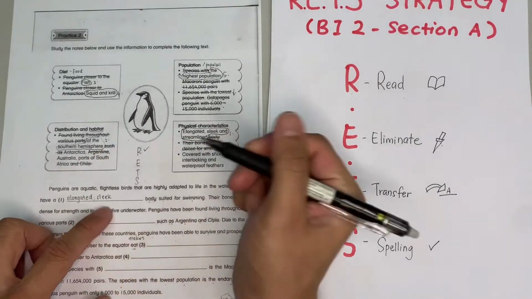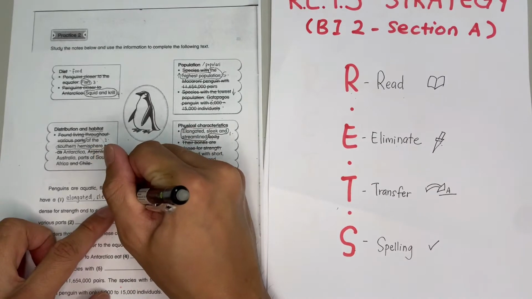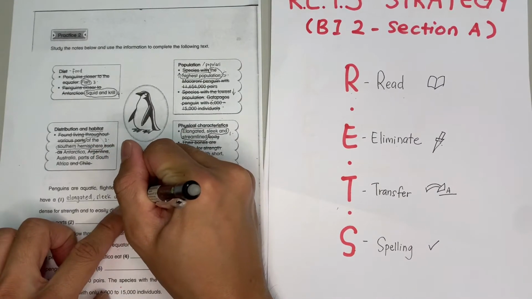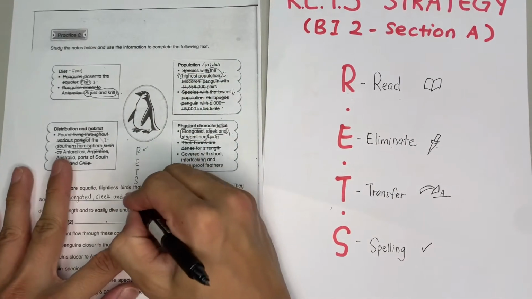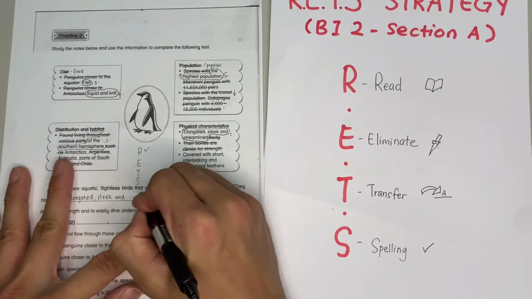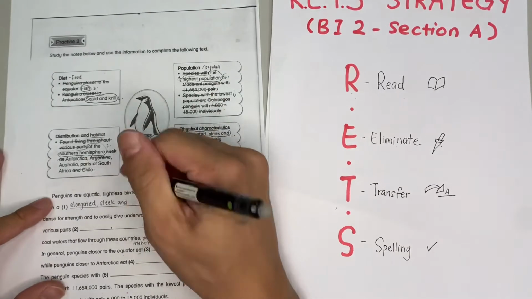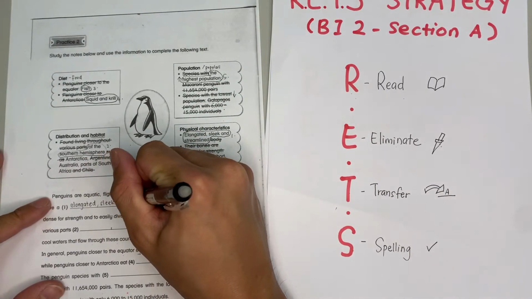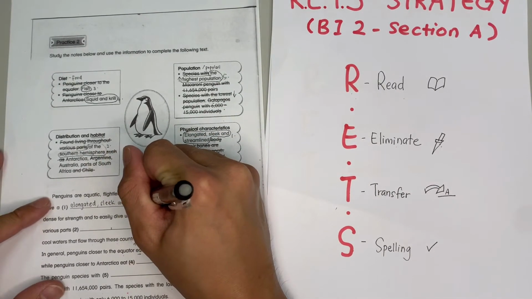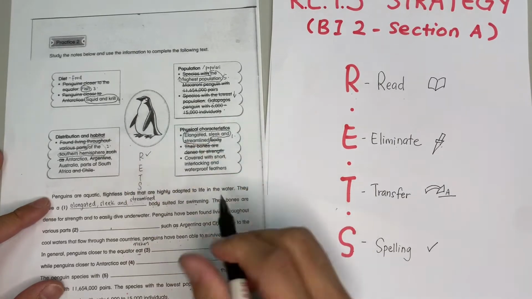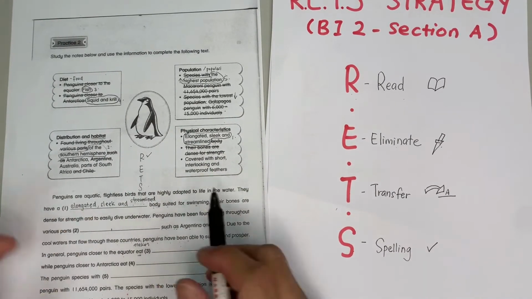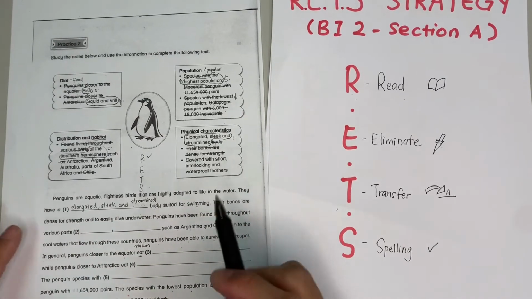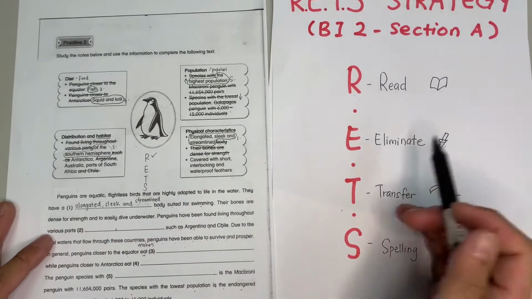Sleek and streamlined. So if you can't fit it into there, you just erase and maybe write at top. Body suited for swimming. Okay, this is my effort. It may be right, maybe wrong. I'm not sure. Let's just transfer it first.